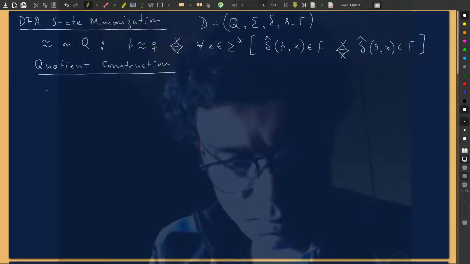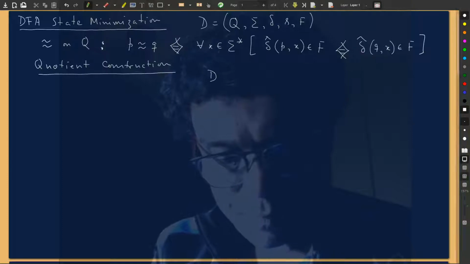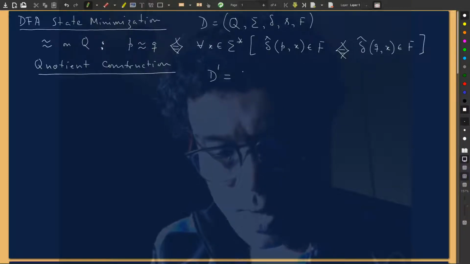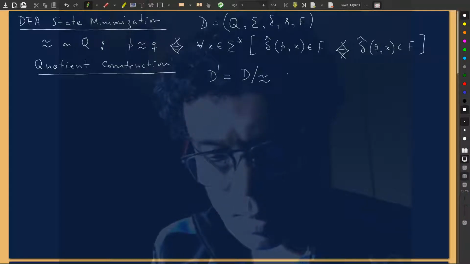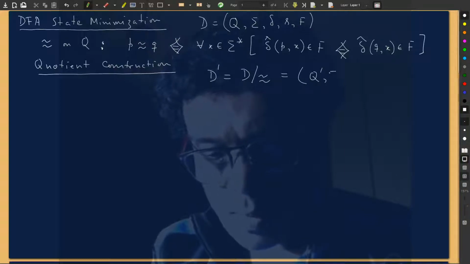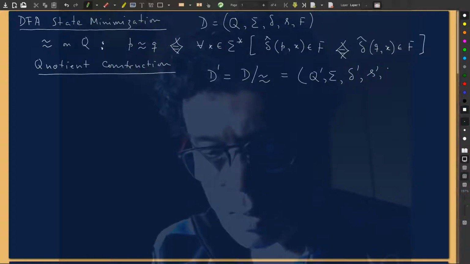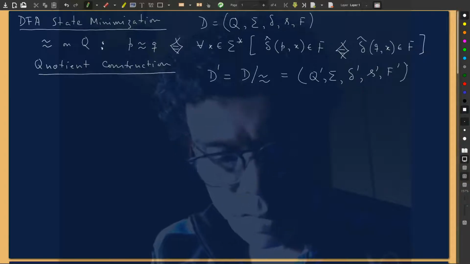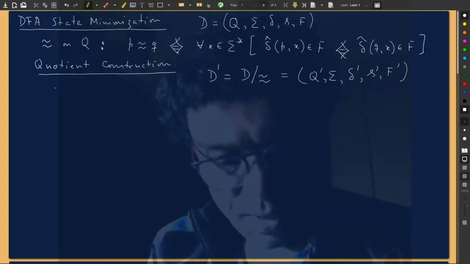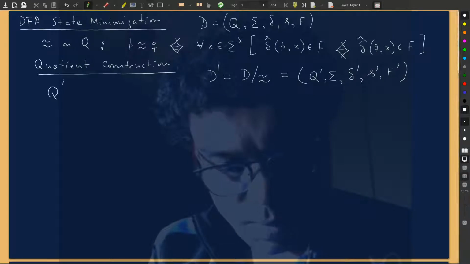That is, we have defined a machine D prime, which is also denoted as Q prime, sigma, delta prime, S prime, F prime. So we have taken Q prime as the set of all equivalence classes of Q under this equivalence relation.